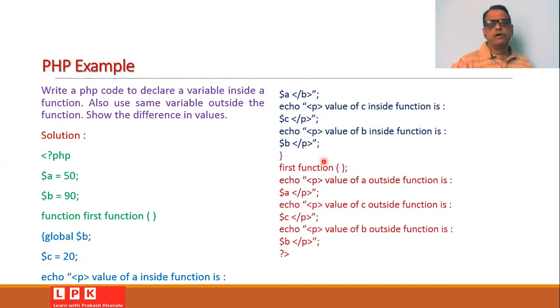And suppose this is our function, we will call this function first function over here, and then outside the function we will see what can be the value of the variable a outside the function, value of the variable c outside the function, and value of the variable b outside the function.